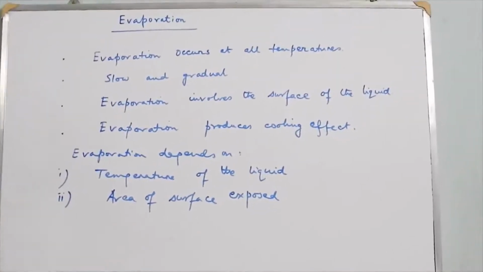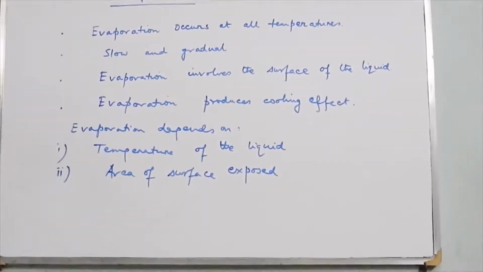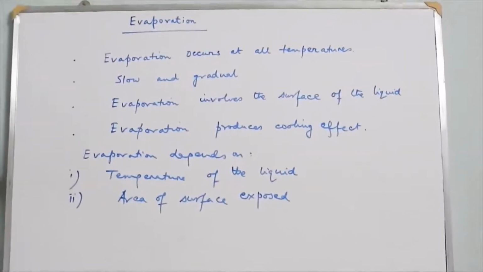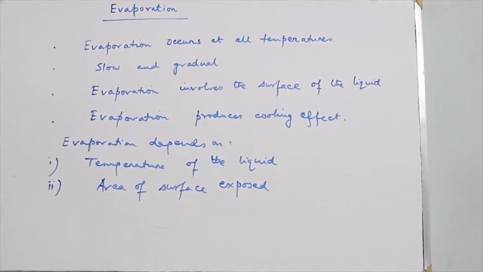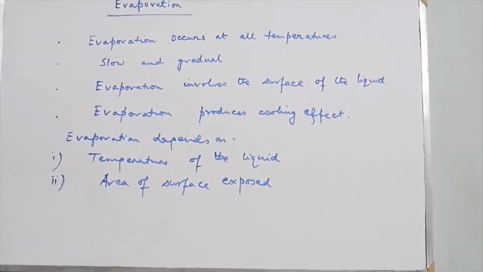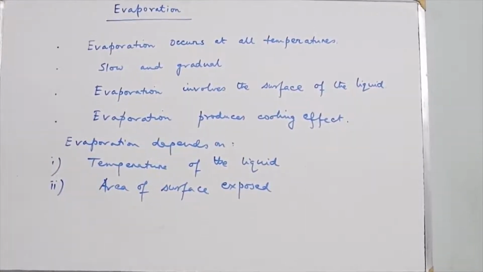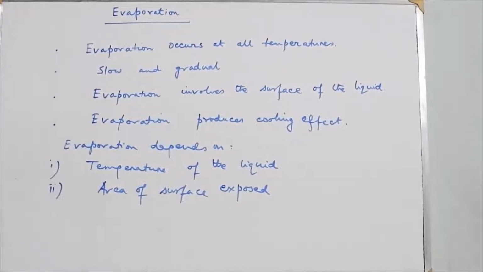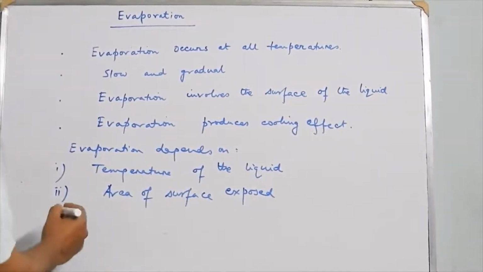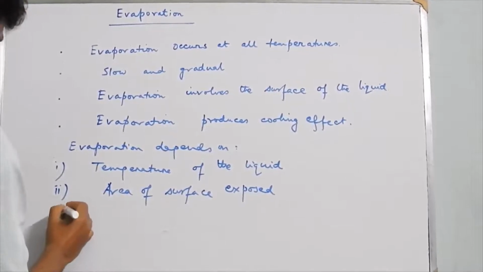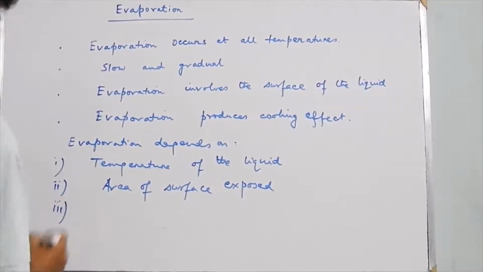Also, if a wet cloth is to be dried, it is generally spread out rather than kept squeezed so that water evaporates faster from the exposed area of the wet cloth. Evaporation also depends upon the nature of the liquids.